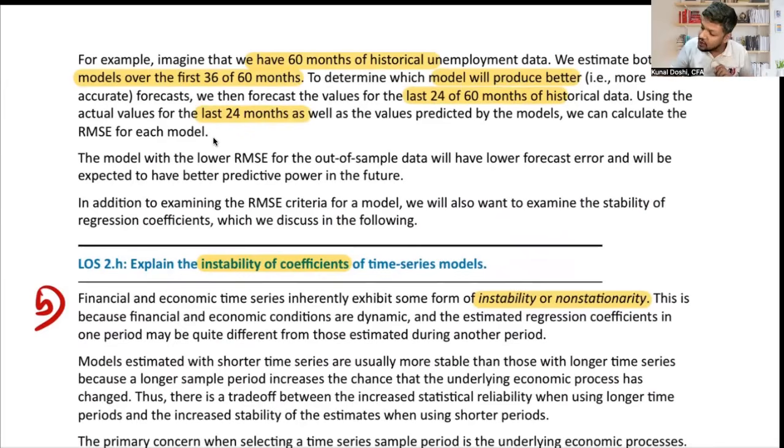Then we will calculate RMSE for each. Don't worry how the RMSE is calculated. Just remember, the lower the RMSE for out of the sample data, the better it is. We'll have lower forecast error and better predictive value.